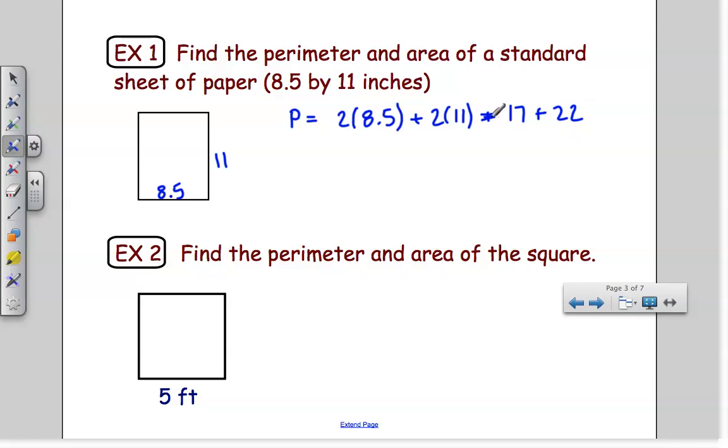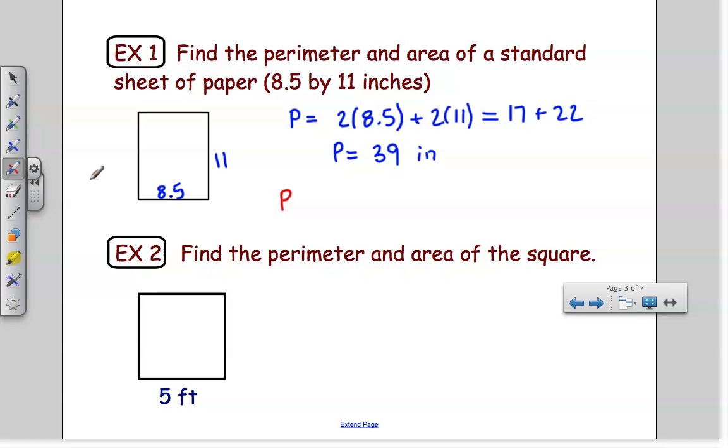Oops, instead of an equal sign in there, sorry. So my final perimeter here, 17 plus 22 would be 39. Now remember, perimeter is a distance, and these are measured in inches, so 39 inches for perimeter.